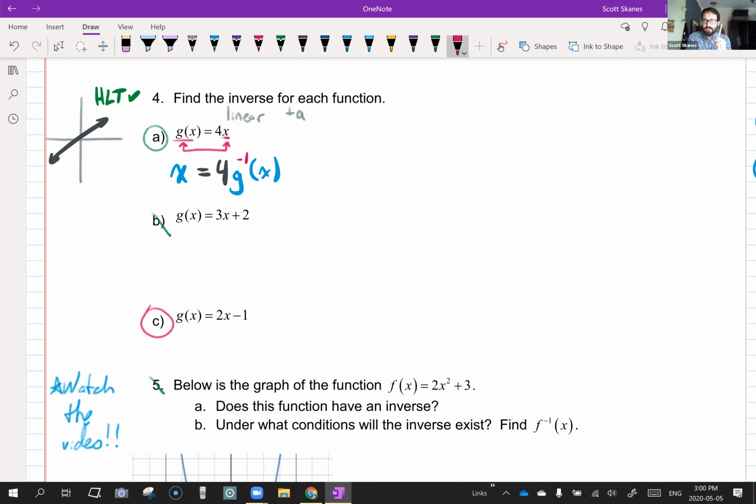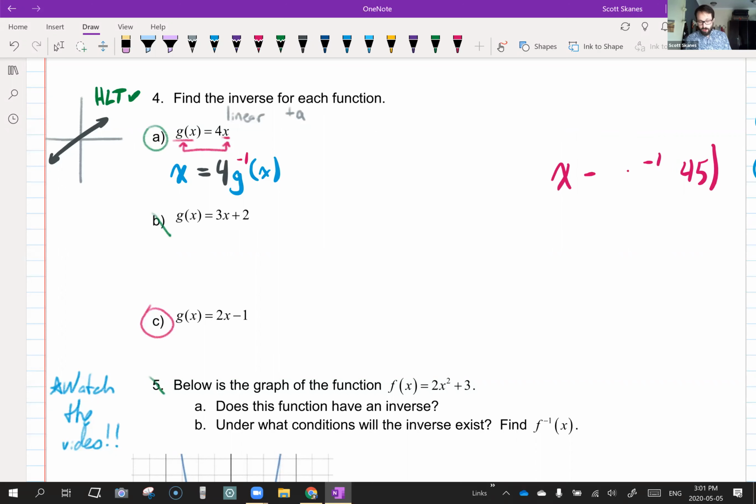Have you seen that -1 anywhere else before? On sine, yeah. So remember, sine of x is like 45, for example. If we solve for x, we use the inverse sine. It's the undo function, the reverse. So it's actually the same symbol. It means inverse.